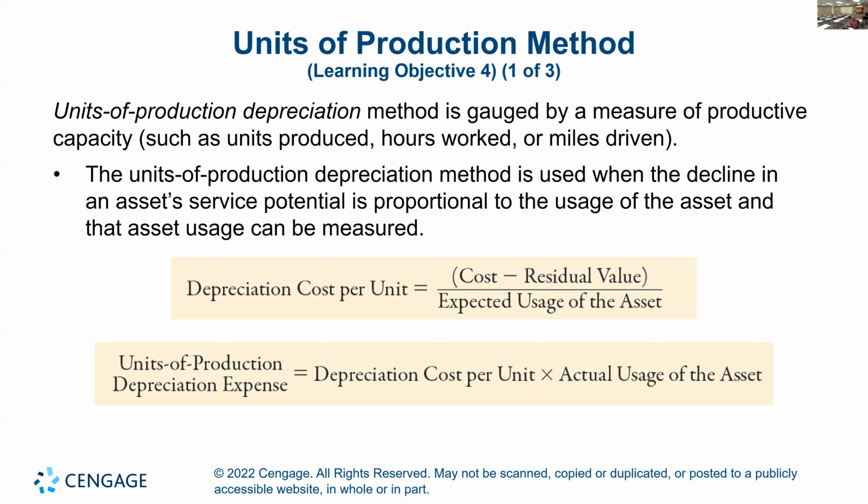So we're back to getting this depreciation base and divide it by the expected usage. So the expected miles, the expected hours, whatever the unit may be. And then once we have that cost per unit, we multiply it by the actual usage to find our depreciation expense.